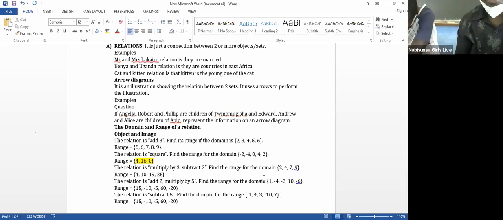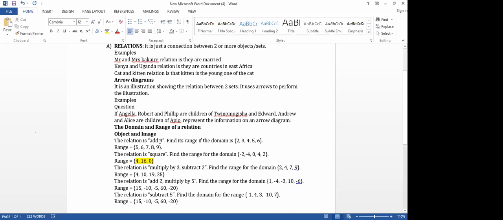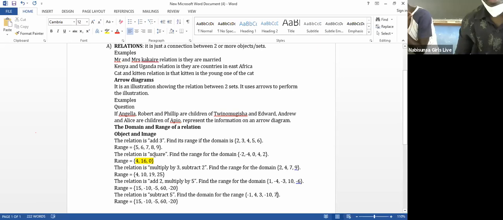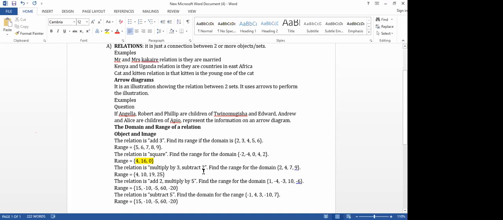Aliyah, let me use this. You see this relation here is add 3. The inverse is subtract 3 because it is just one operation. This one is square. The inverse will be square root. This one is multiply by 3, subtract 2. There are 2 operations. Start from the end.